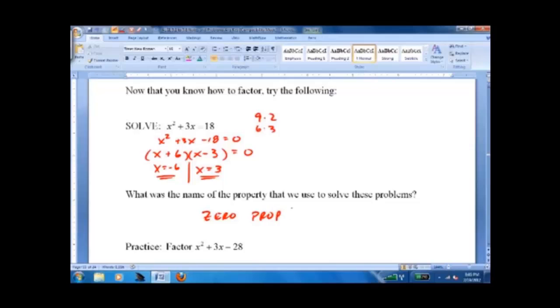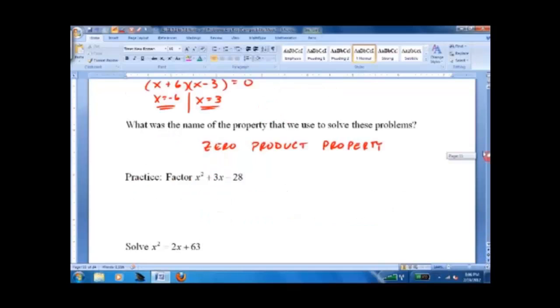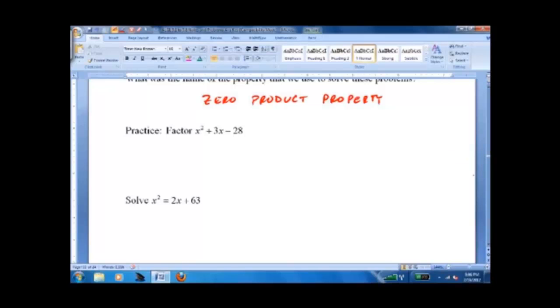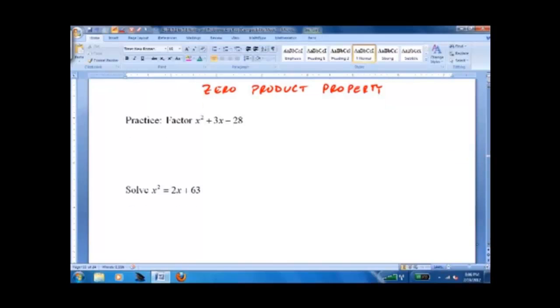And that was the zero product property. Meaning, if I have two things multiplying to 0, either one of them can be 0. So, try these on your own. Factor. There's no equals 0 out here. So you just have to break it down into its components.